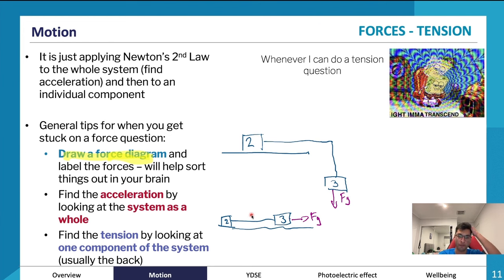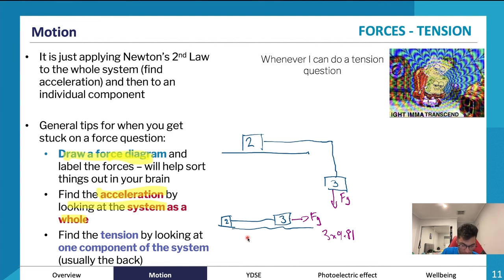So we have what we call a driving force, which is the force of gravity, which would be 3 times 9.81. So if that's the driving force, what is the acceleration of the whole system? When you are calculating the acceleration of the system as a whole, you want to think of this system as one big system.